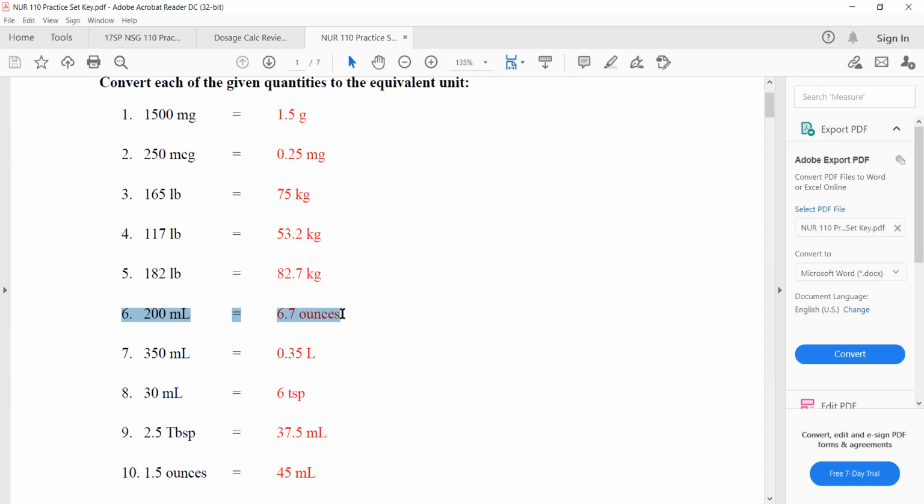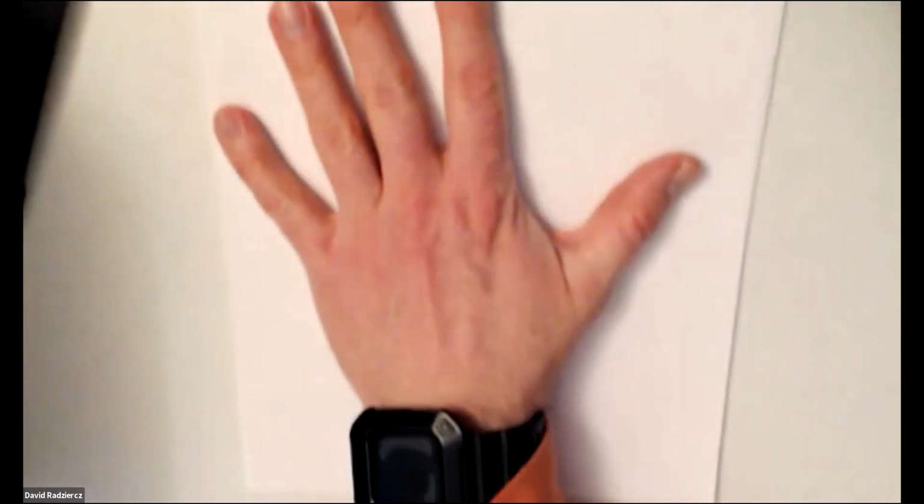All right. What I'm going to do is turn on my webcam, and we're going to see if we can get that to work. All right. So 200 milliliters to ounces. You all see my hand here?